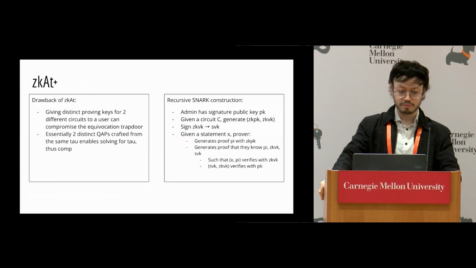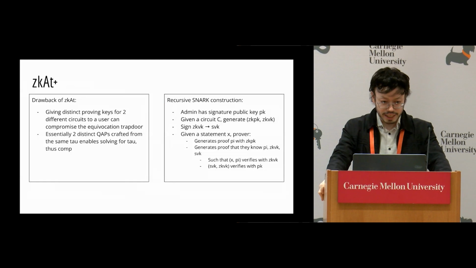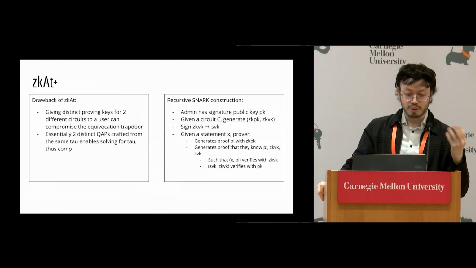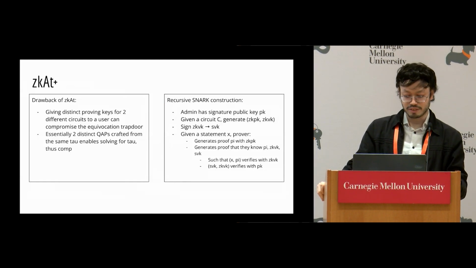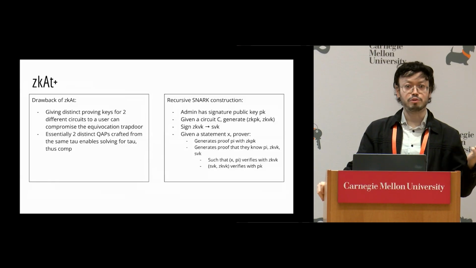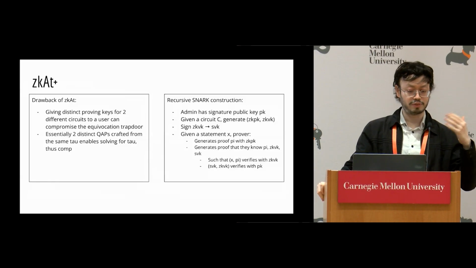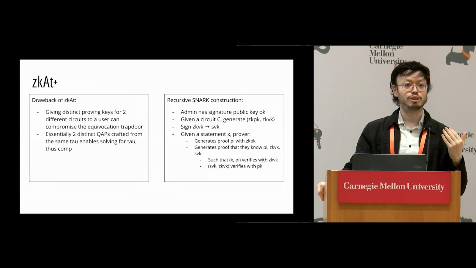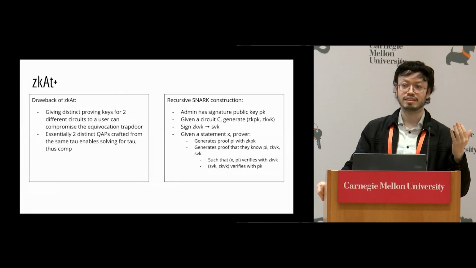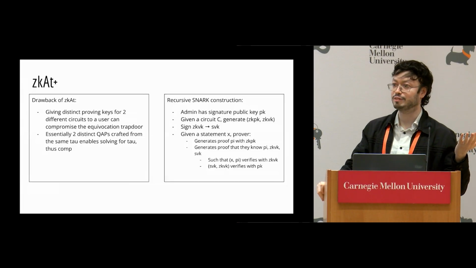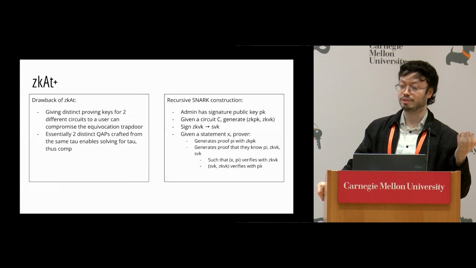Okay, so going quickly, there is a drawback of zkAt, which is that you can only give one proving key like that to an adversary, because if you give two proving keys, then there are too many polynomial equations that the adversary gets, and they can solve it and recover tau, and that affects the soundness of the proof system.